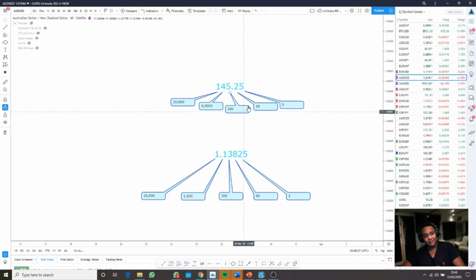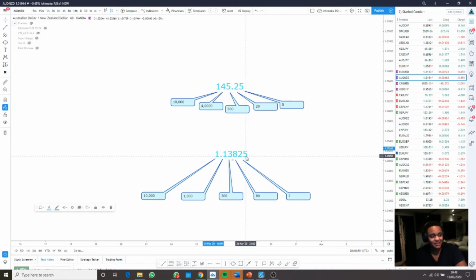But as I said earlier, with Japanese yen pairs, they like to do it slightly differently. The average currency, which does not include the Japanese yen, is 1 point, or it might be 0 point, and then four digits after. Now, some brokers, especially MetaTrader 4, like to include this last number.